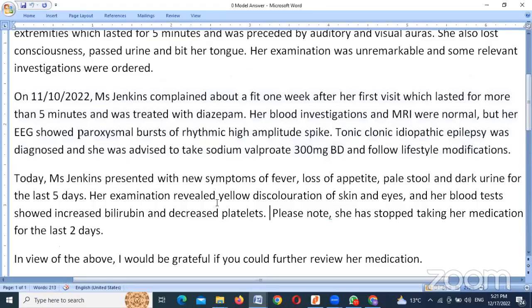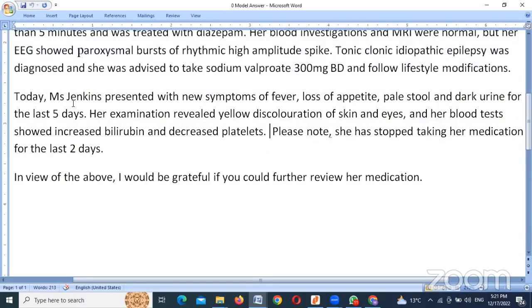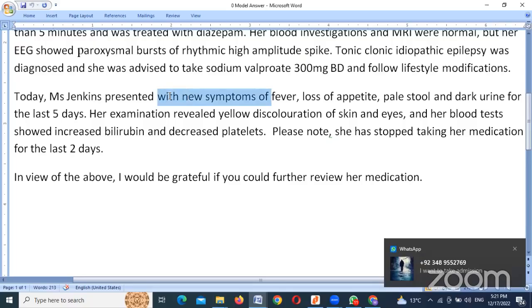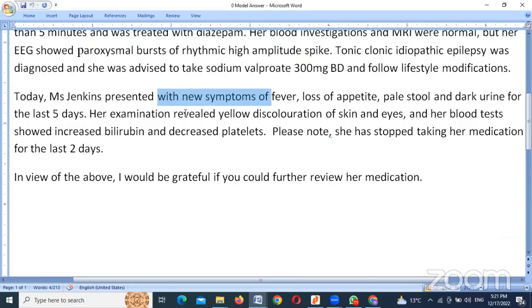Okay, when I am mentioning bilirubin, I have mentioned it there because yellow discoloration has some relation to it. Today, Miss Jenkins presented with new symptoms of... I have even added one thing that is not written in my case notes: new symptoms of. When I write like this, it will draw the attention of the examiner. So, some new symptoms? Oh, what new symptoms?